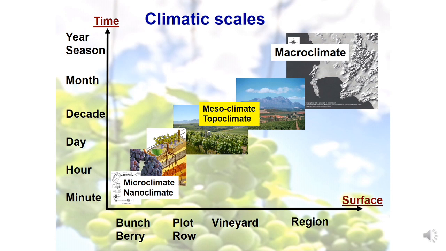What we call the macroclimate at the big region level, the mesoclimate or topoclimate, more at the vineyard level or group of vineyards, and the microclimate at the vine level, at the fruit zone level, and at the bunch level.